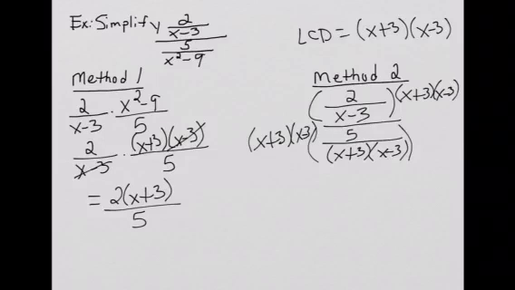On top, our x minus 3's cancel, and so on the top we're just left with 2 times x plus 3. On the bottom, the x plus 3, x minus 3 cancels with the x plus 3, x minus 3, and so on the bottom we're only left with a 5. And there's our answer. I can't simplify it any further.